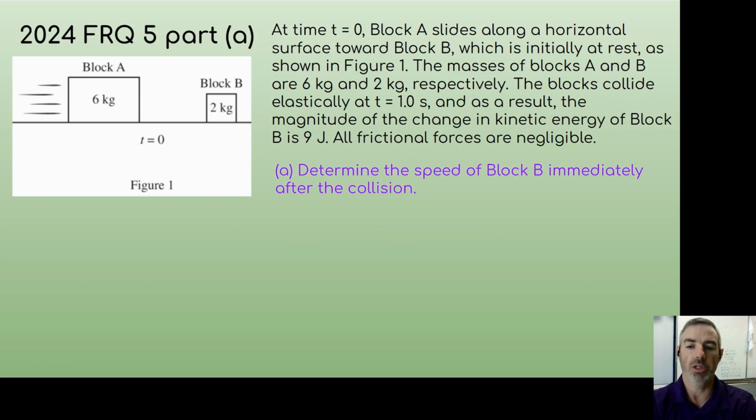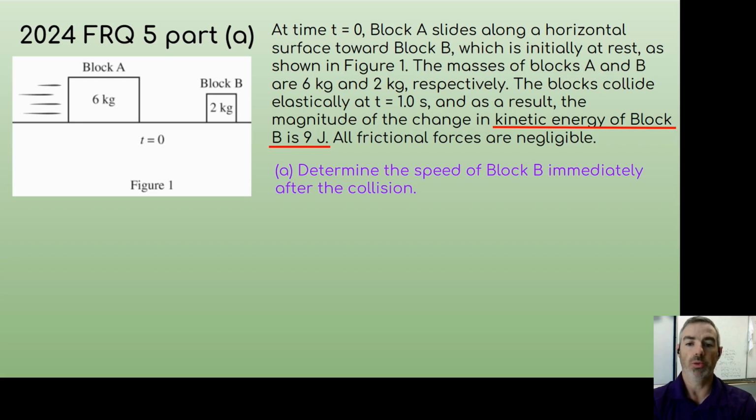So we know there's a collision, and they collide elastically, which means that kinetic energy is conserved. Because we don't have block A's velocity before the collision, we can't use conservation of momentum. But what it does tell us is that block B has a kinetic energy of 9 joules after the collision.